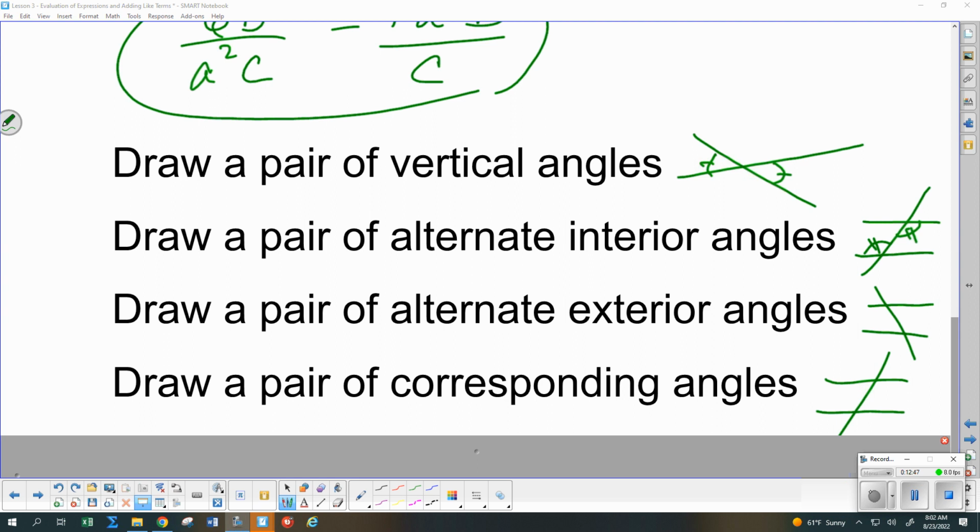Alternate exteriors means they have to be outside, so we could pick something like this one and this one, or we could have picked the 2 acute ones there, but they have to be exterior, outside, opposite sides. So of the outside ones, 2 that are acute, 2 that are obtuse.